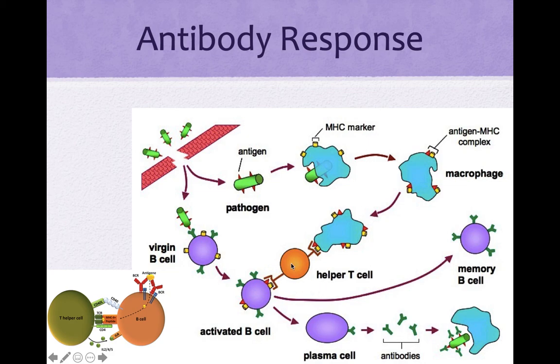cell comes into play. This is how HIV prevents the immune system from working. It's going to kill these helper T cells. Once a helper T cell comes into play, it's going to lock with this B cell and lock with this macrophage, and it's going to determine, yes, this is the same antigen, yes, this is the same antigen. Once it determines that, it will activate this B cell.